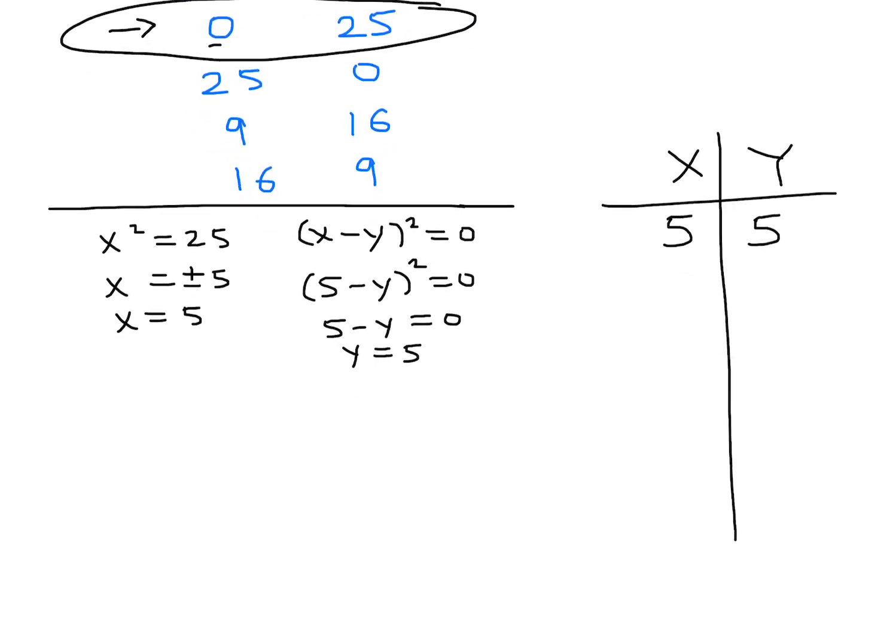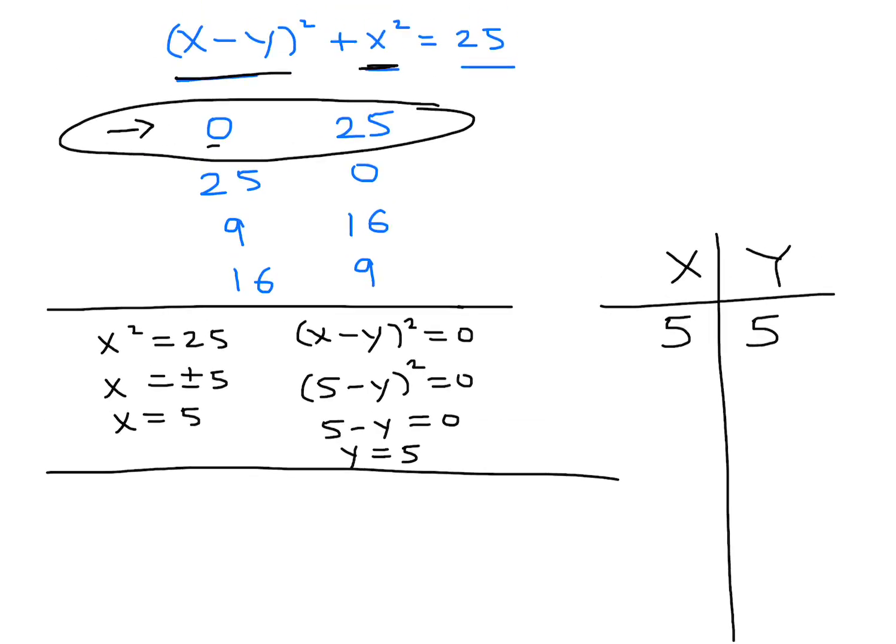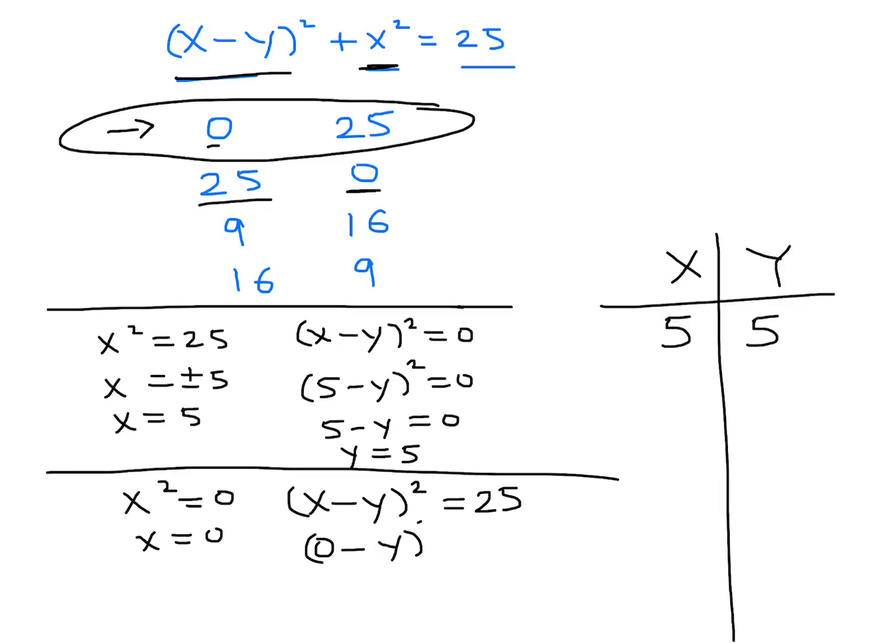Let's keep going here. Let's go to the next one, which is 25 and 0. So remember, x squared is represented by the 0. So that means x is 0. And then (x minus y) squared is going to be equal to 25. So that means (0 minus y) squared is 25.